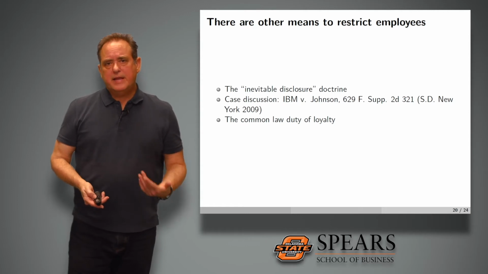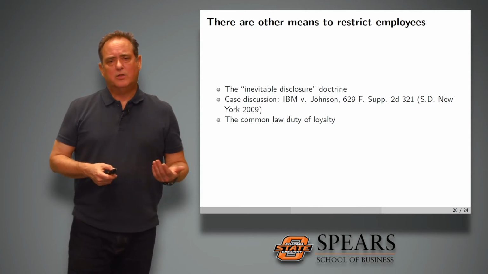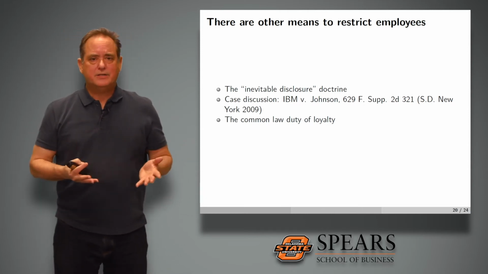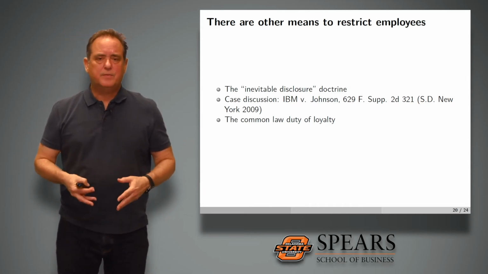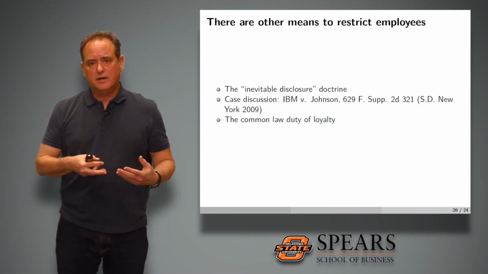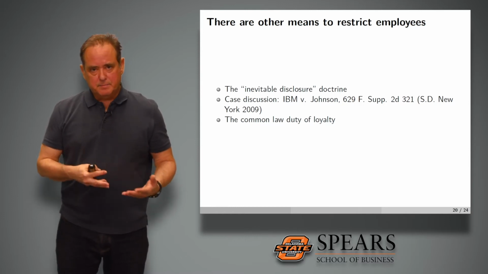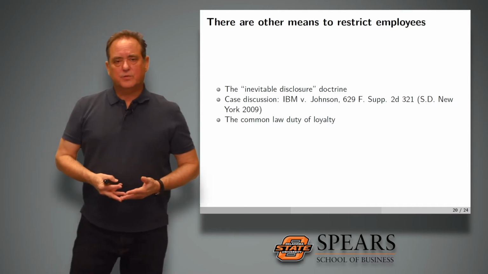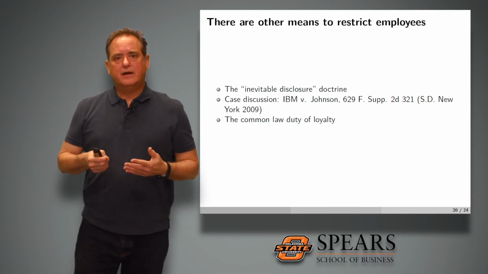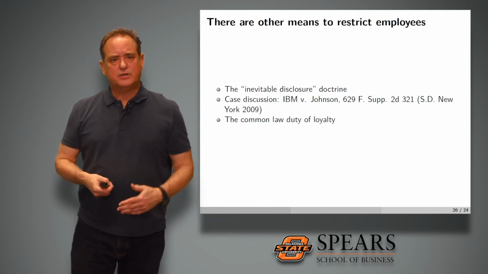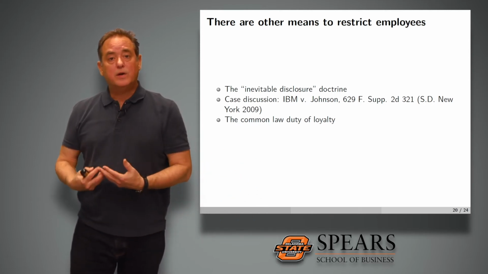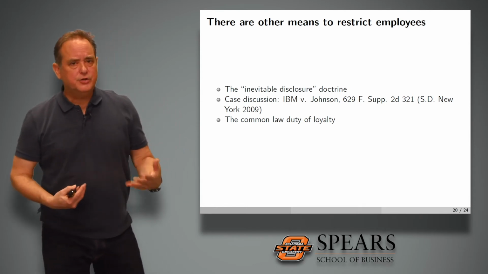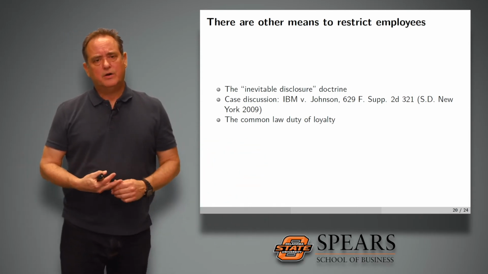The other means of restricting employees is called the common law duty of loyalty. Now, this goes back to the basic nature of the employment relationship, meaning the master-servant aspect. Under the old master-servant relationship, the servant had an obligation to be loyal to the master, the duty of loyalty, and that was imported into employment law, such that the employee has a duty to be loyal to the employer.